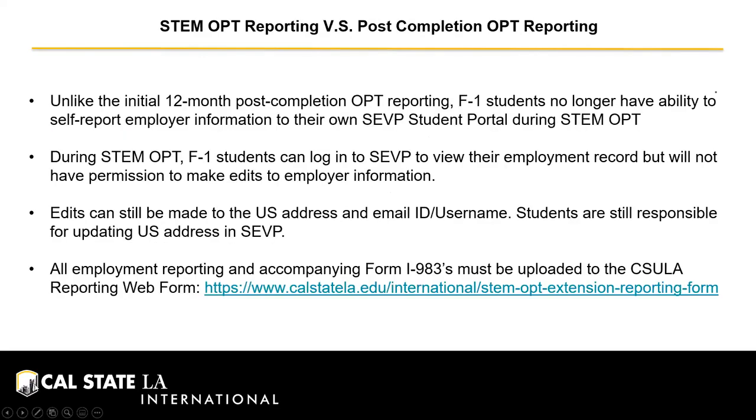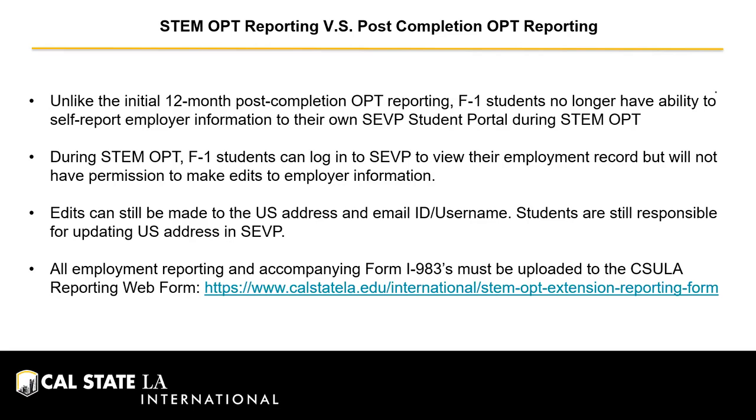Okay, so here we do want to share with you a comparison of STEM OPT reporting and also the post-completion OPT reporting that you've experienced already. So first of all, unlike the initial 12-month post-completion period, the reporting there, the F1 students no longer have the ability to self-report employer information on their own SEVP student portal during STEM OPT.